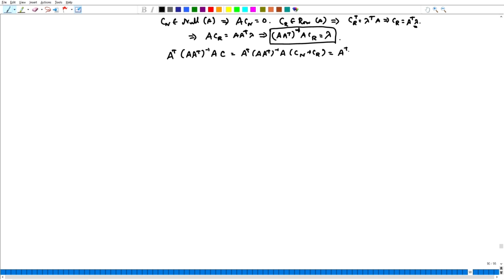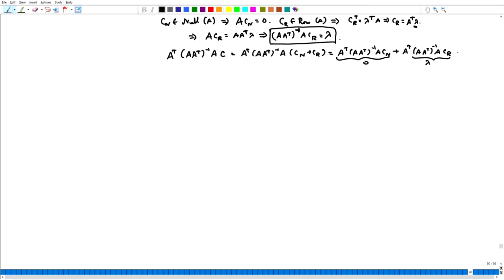So that is A transpose, A A transpose inverse, A into Cn, but A into Cn is 0. So all of this is 0, because A Cn is 0, and the remaining is A transpose A A transpose inverse A into Cr. Note that A A transpose inverse A Cr is lambda.